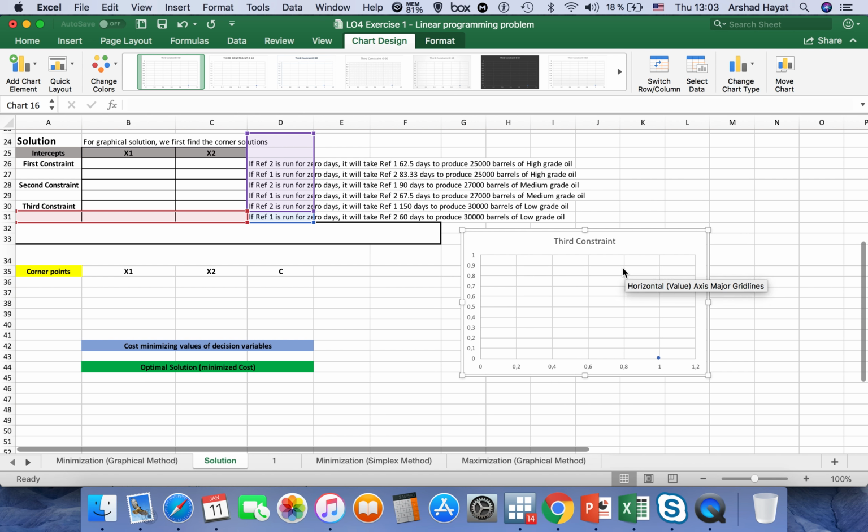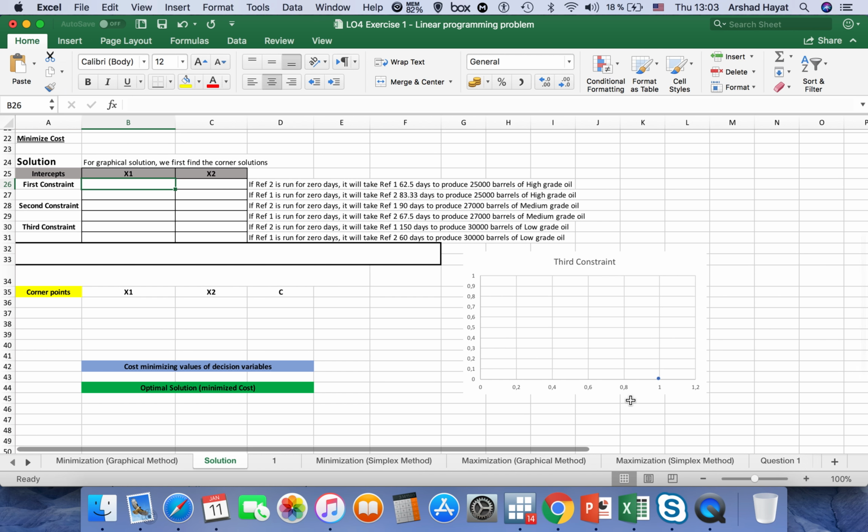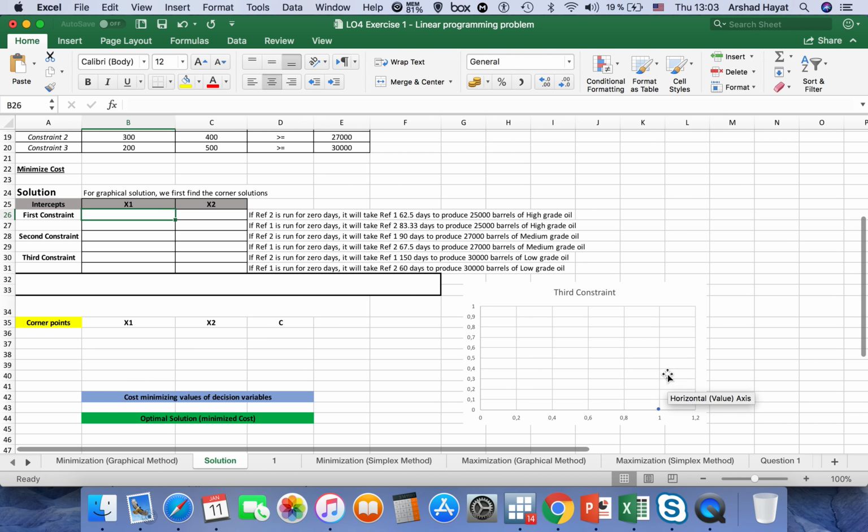But anyway, continuing. Corner solution simply means that when x1 is equal to 0, what would be the value of x2? Or when x2 is equal to 0, what would be the value of x1?